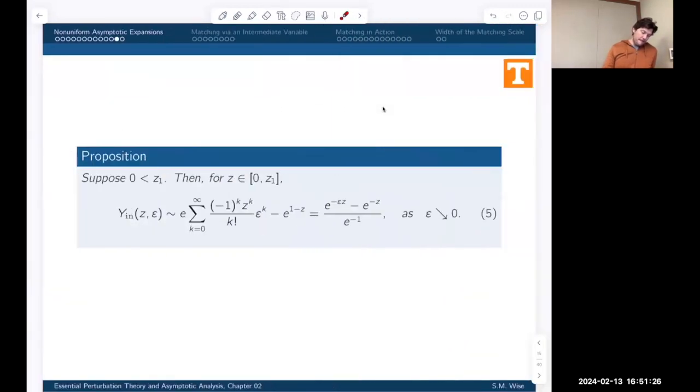Okay. So what we can prove is that, for any z1 positive, then on this interval, we can show that this inner function, remember how the inner function was defined? It was defined through the stretched variable.